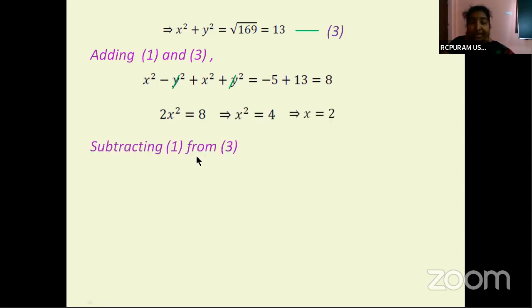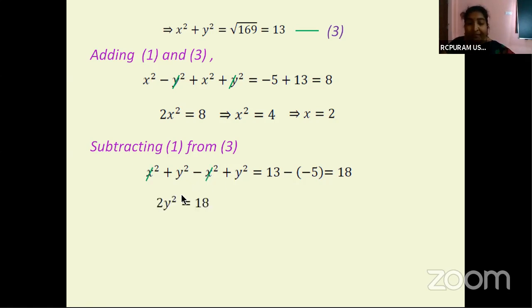Then we'll go for subtracting equation 1 from equation 3. We'll have x square plus y square minus x square plus y square is equal to 13 minus of minus 5, which is plus 5 now. So 13 plus 5 gives you 18. x square and minus x square, they are getting cancelled here.